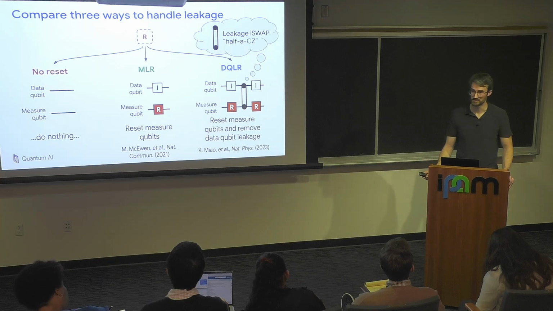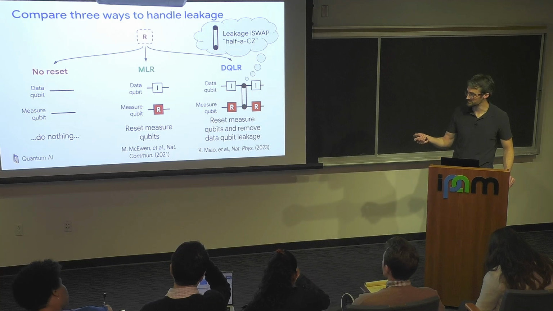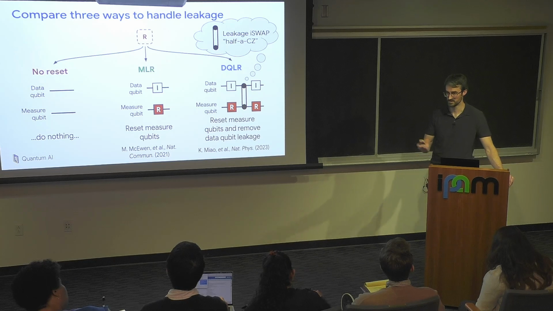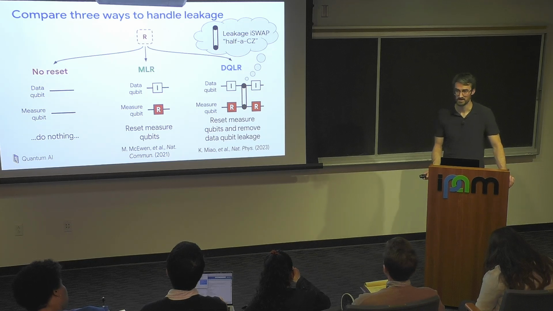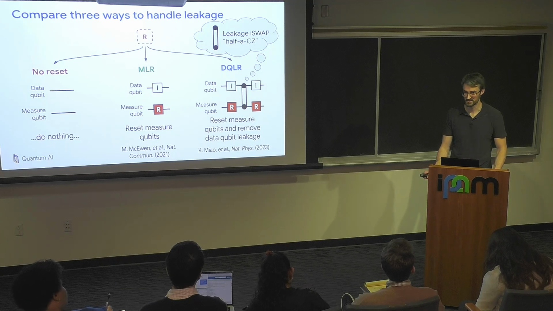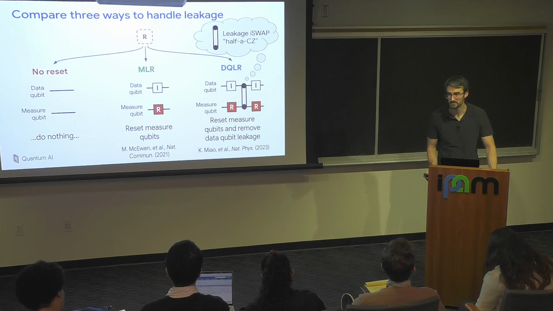And so there is a net win where the amount of leakage that this composite operation generates is significantly less than the amount of leakage it removes. But that is a balance of parameters, and you can't say that that's always favorable. There could be ways of configuring a device where DQLR is harmful.